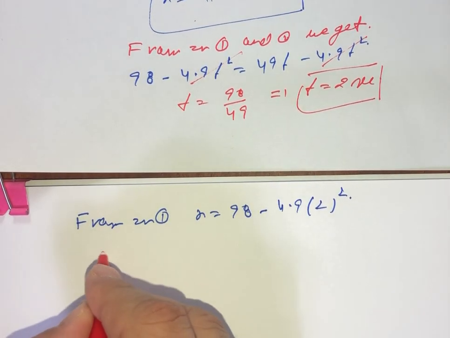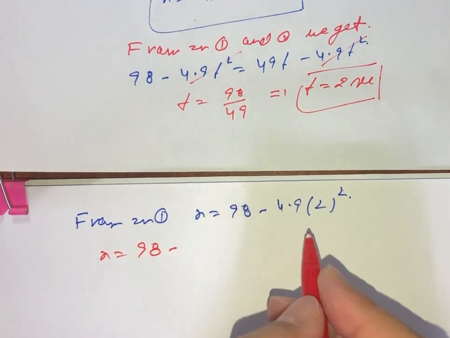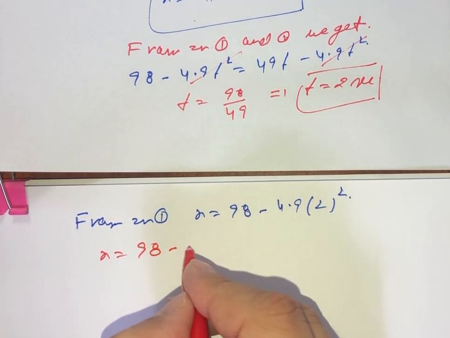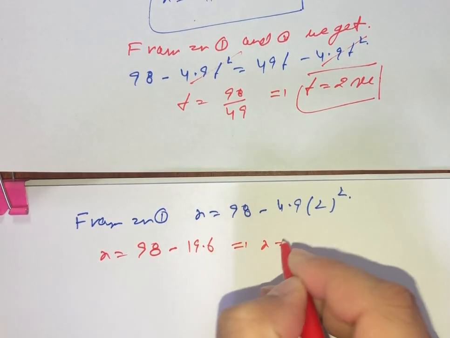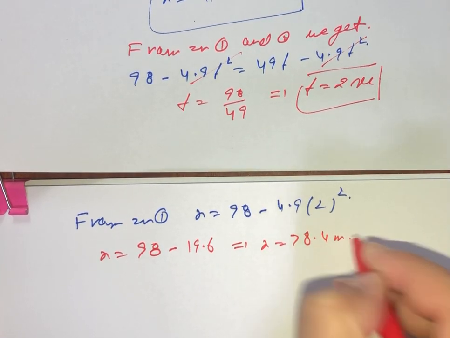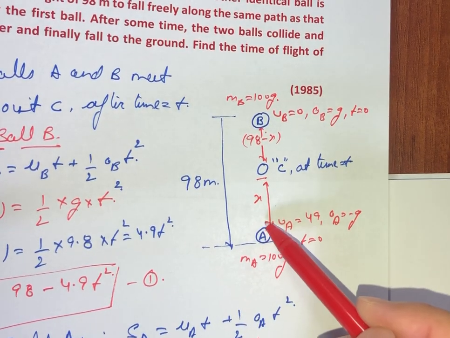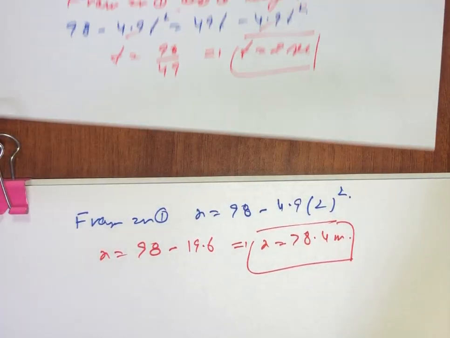We get x is equal to 98 minus, this will be coming as 19.6. So this says that x will be equal to 78.4 meters. So this will be the distance traveled by both the balls when they stick together.